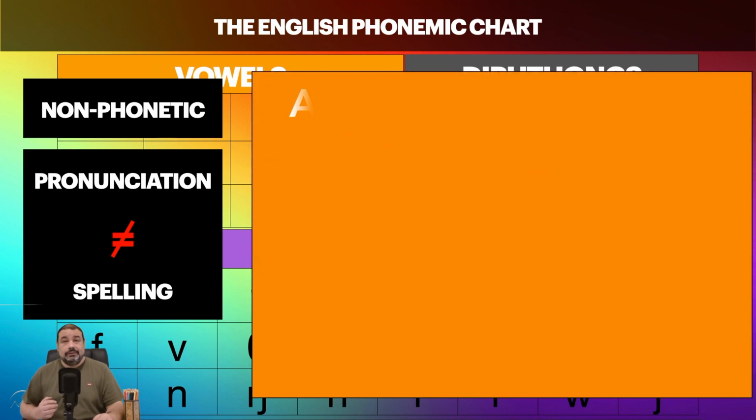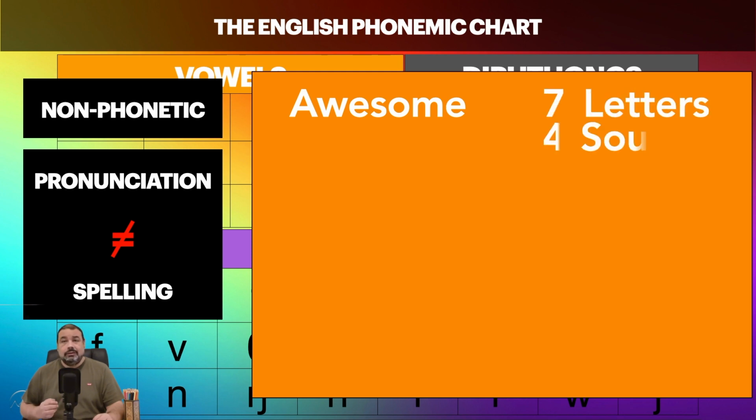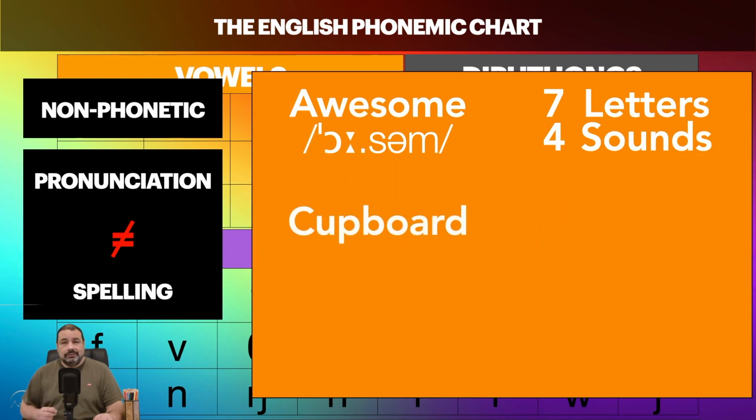For example, the word awesome is spelled with 7 letters, but has only 4 sounds when pronounced. Or the word cupboard, that is spelled with 8 letters, but has only 5 sounds in its pronunciation.